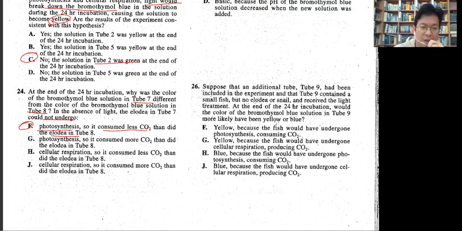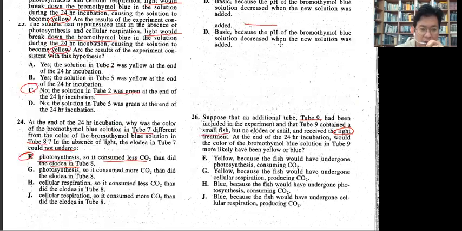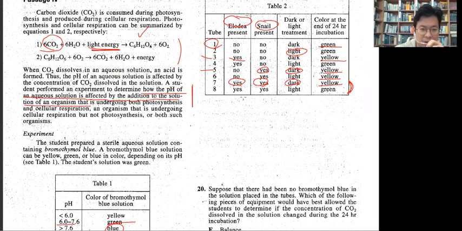Suppose an additional tube 9 had been included in the experiment, and tube 9 contained a small fish, but no Elodea or snail, and received light treatment. At the end of 24 hours, basically no, yes.